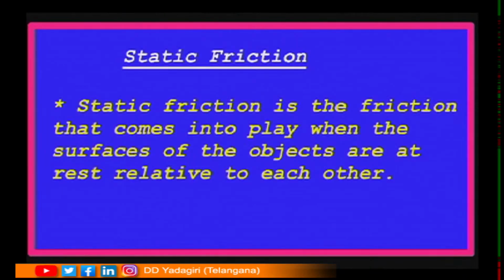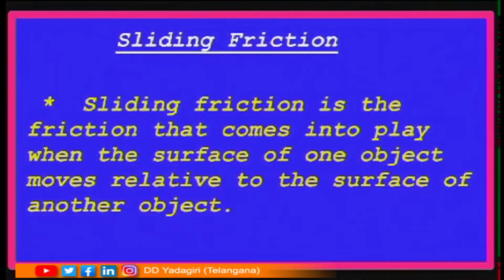Static friction is the friction that comes into play when the surfaces of the objects are at rest relative to each other. Let us look into the second type of friction, sliding friction. Sliding friction is the friction that comes into play when the surface of one object moves relative to the surface of another object.